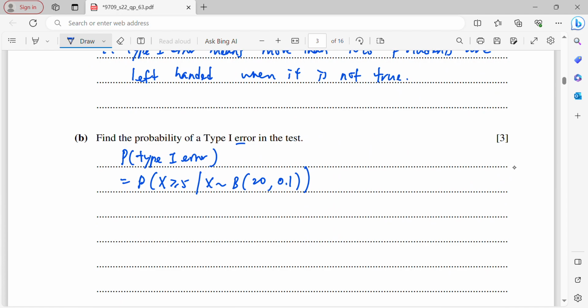Now P(X greater than or equal to 5) means that supposedly you have to count from 5 to 20 because your N is 20, but that is too much. Therefore, I will use the complement rule, which means 1 minus all the previous ones. So previous means P(X equals 0 until 4).